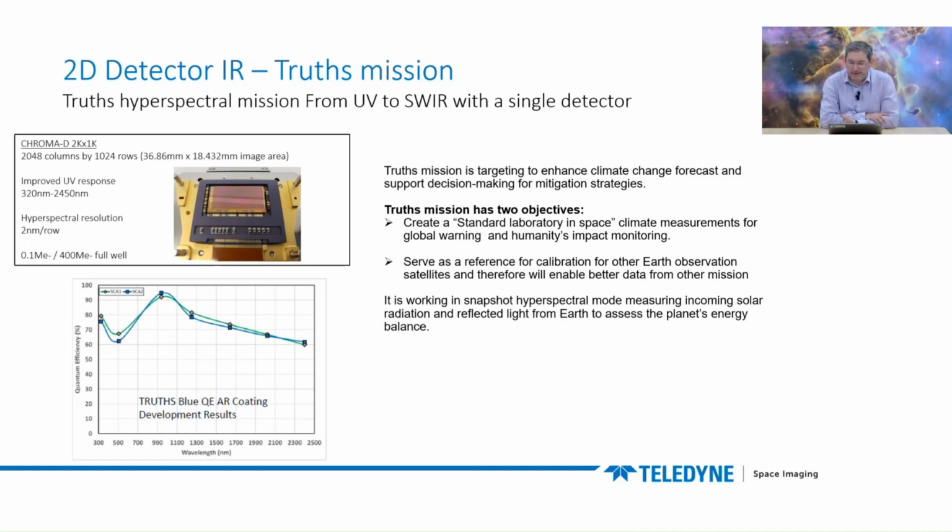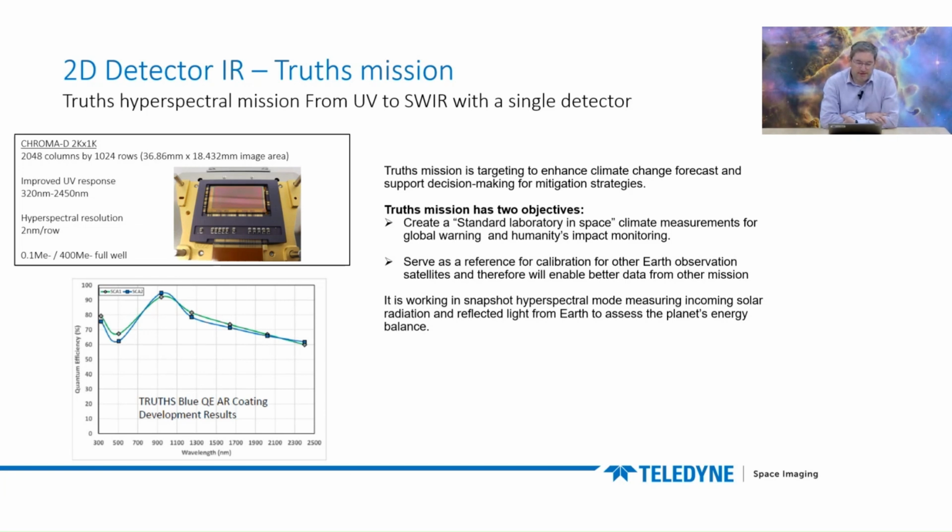The TRUTH mission has 2 objectives. One is to create a standard laboratory in space for climate measurements, for global warming and humanity impact monitoring, and serve as a reference for calibration for other Earth observation satellites, and therefore enable metadata from other missions. And it will also cover the large growing market for commercial applications.